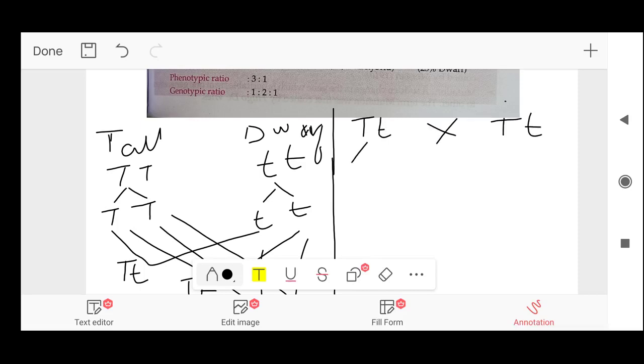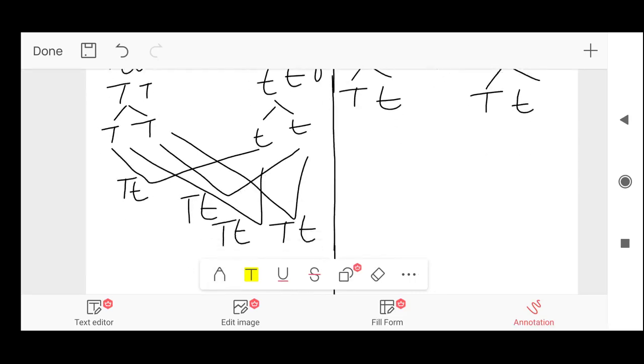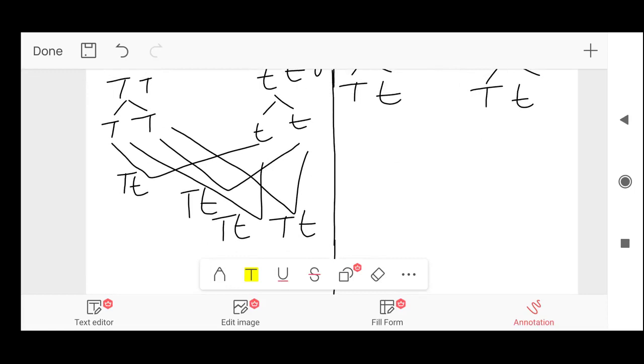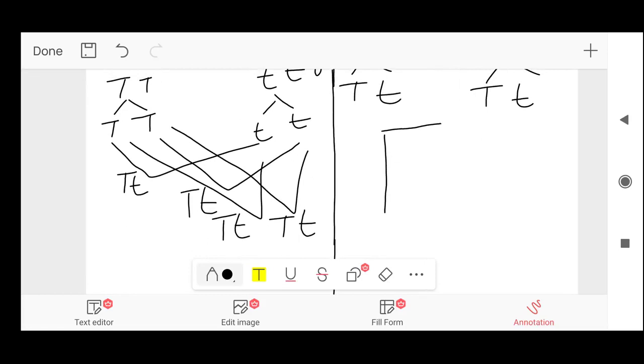Here the gametes were capital T and small t. Now we'll make a square diagram to understand this pollination.